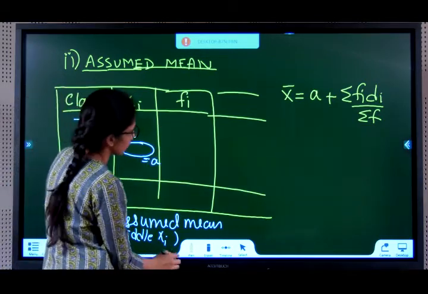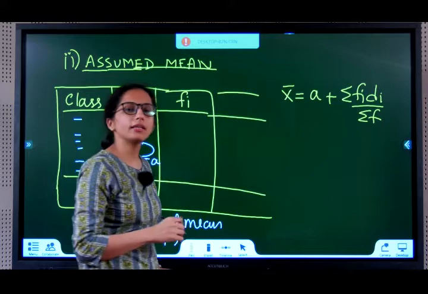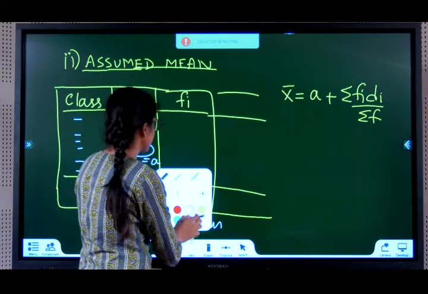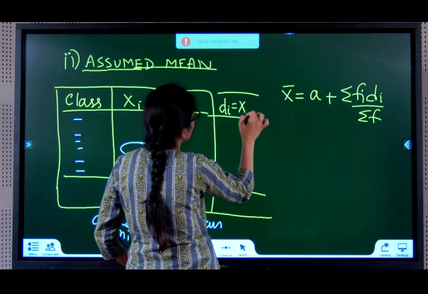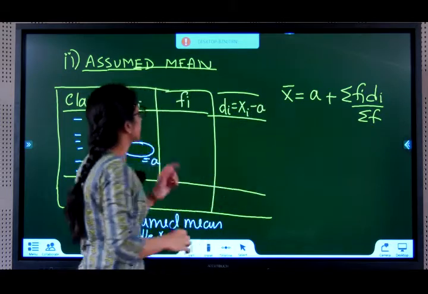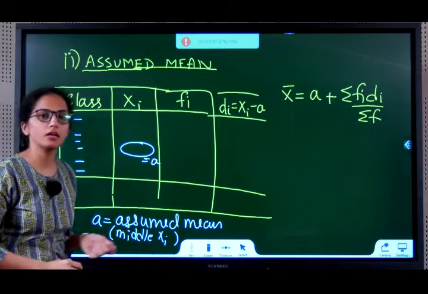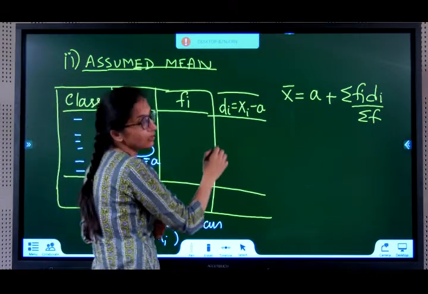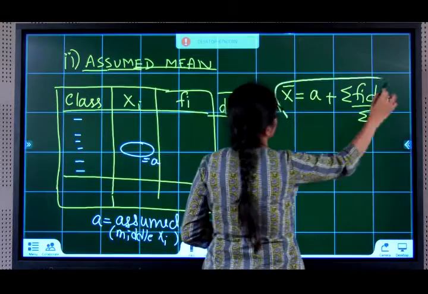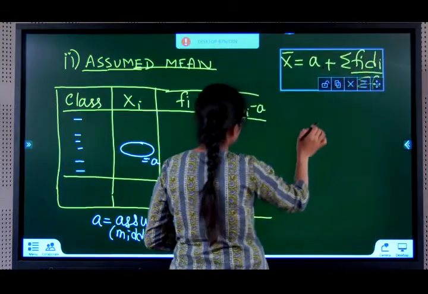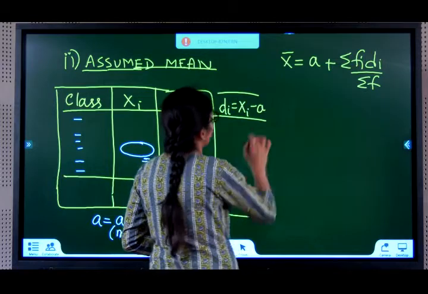Frequency is already given in the question. Now we have di. What is that di? Di is nothing but the deviation factor. It is given as xi minus A, class mark minus your A. That is your di, xi minus A. Now once you find your di, what's next?